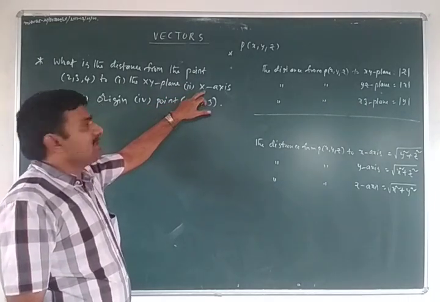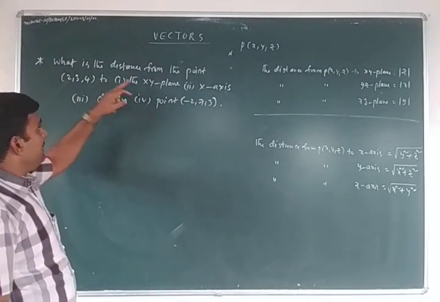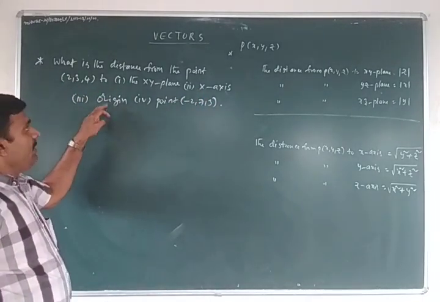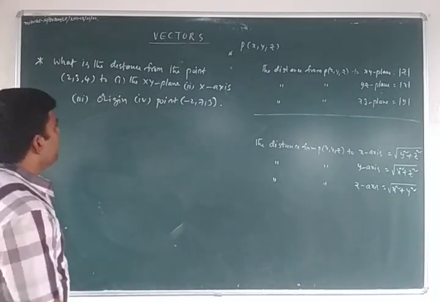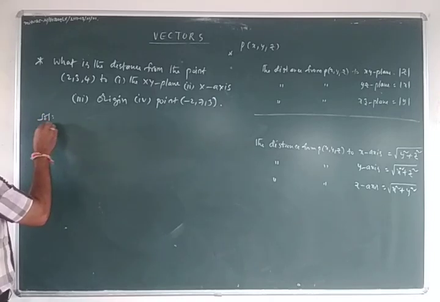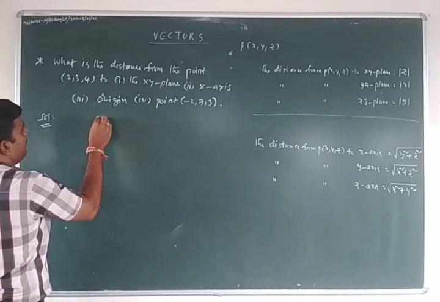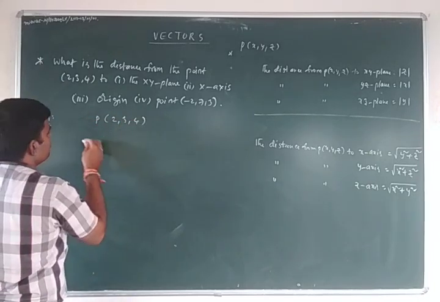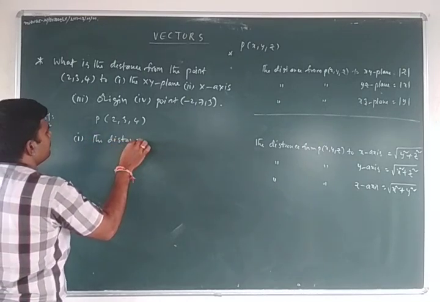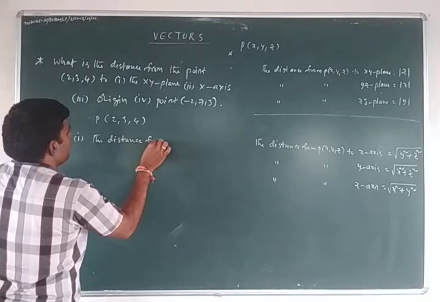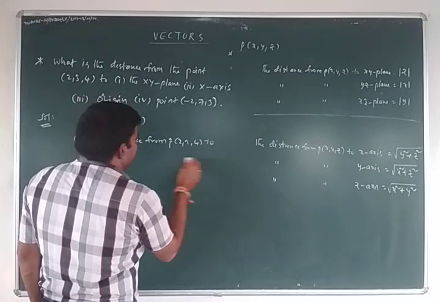Then the x-axis, the distance from the point to the origin, and the distance from the point to one more point. So the first bit to observe: the distance from P(2, 3, 4) to the xy plane.